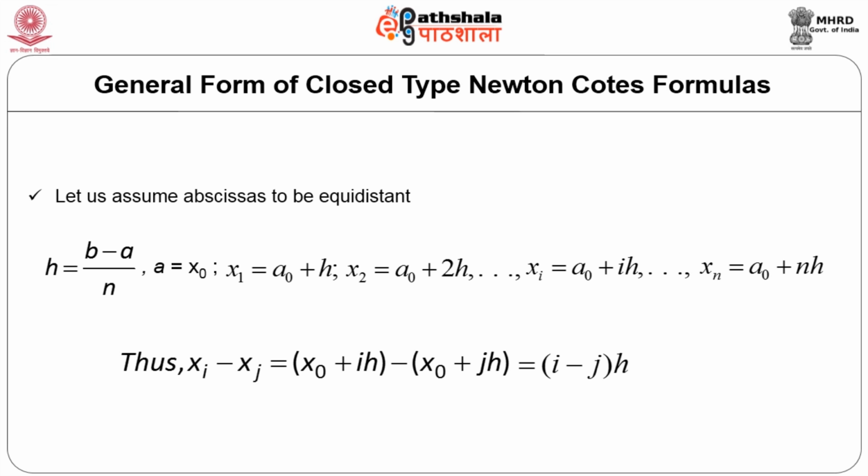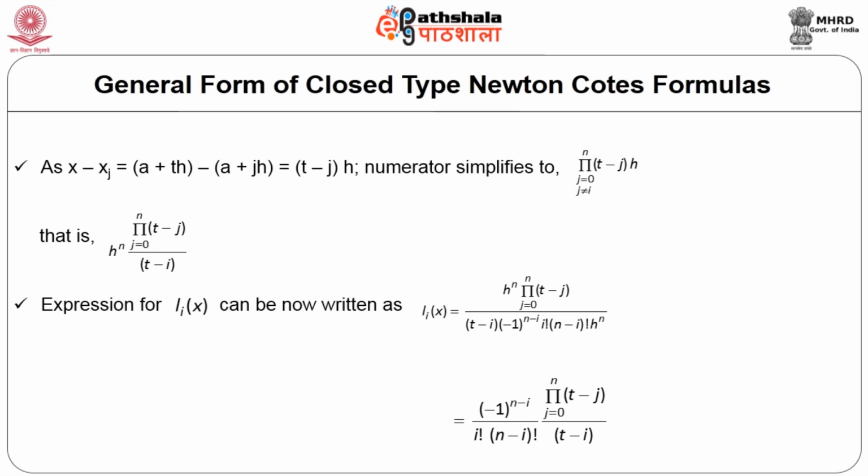The denominator is the product of xi minus xj. xi is a0 plus ih, xj is a0 plus jh, so xi minus xj is nothing but (i minus j) into h, a0 cancels, and so the denominator is the product of the terms (i minus j) into h, where j is different from i, and the numerator is the product of x minus xj's.